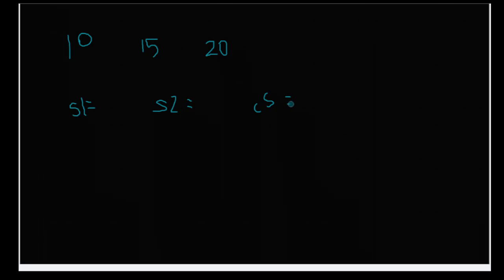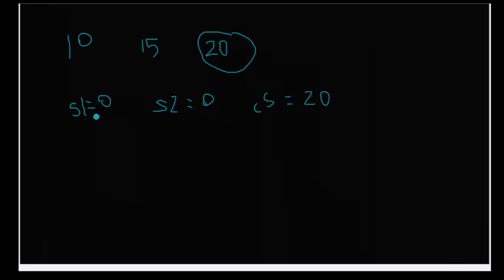Now, current step would be the cost of this plus the minimum of these two steps, because taking the two steps we need to check which is minimum. So initially the minimum cost is 0. 20 plus 0 is 20. Now, on moving backward, that's traversing the next element, before that we'll make S1 equal to S2.